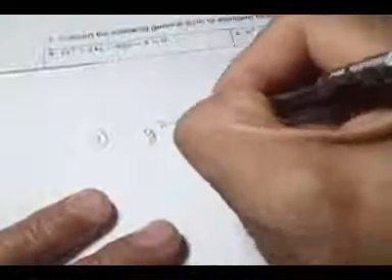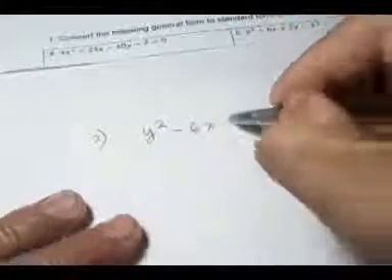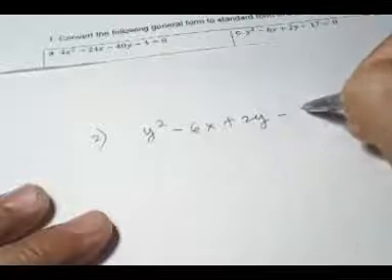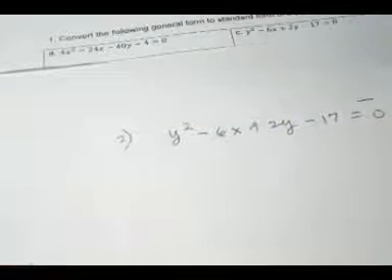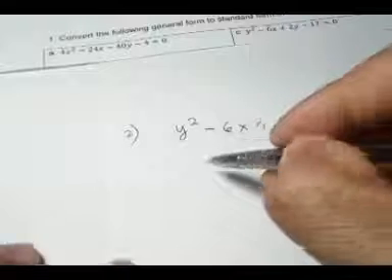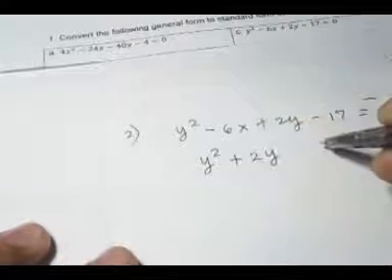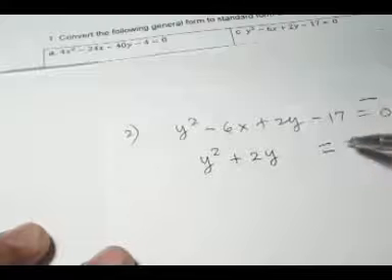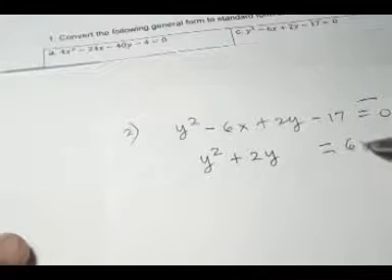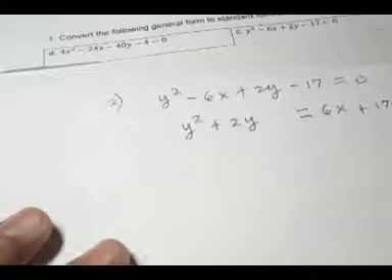Y square minus 6x plus 2y minus 17 equals 0. Take note that the squared term is y. So y square plus 2y equals positive 6x plus 17. Okay.